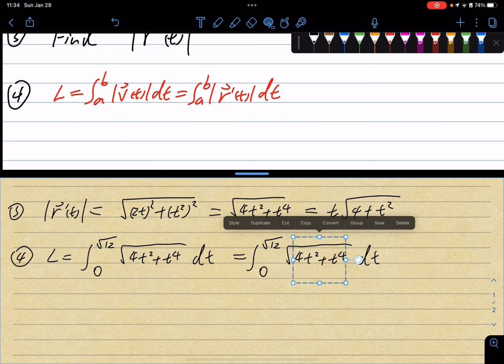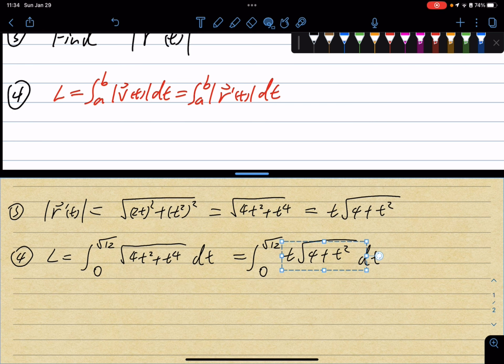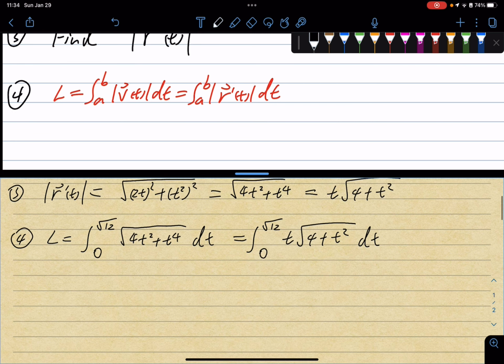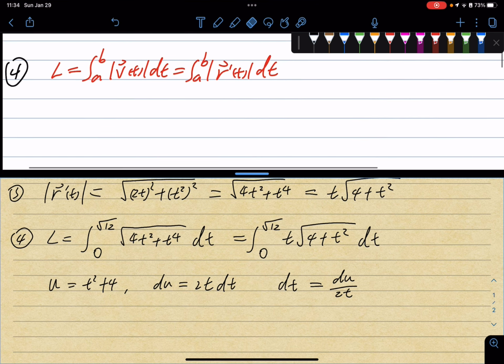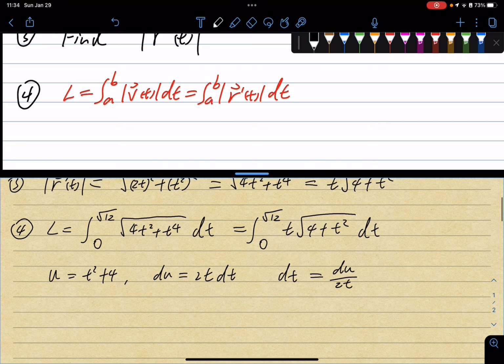So we are going to utilize what we have learned in Calc 1 and Calc 2, something called u substitution. We're going to let u equal t squared plus 4. And then du equals 2t dt, and rearranging this formula, dt equals du over 2t. So we're going to substitute this back into our integral.